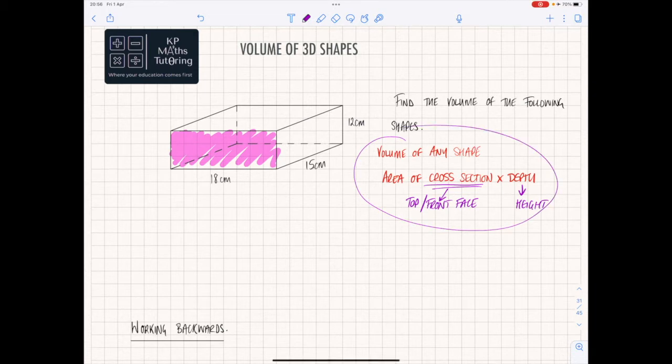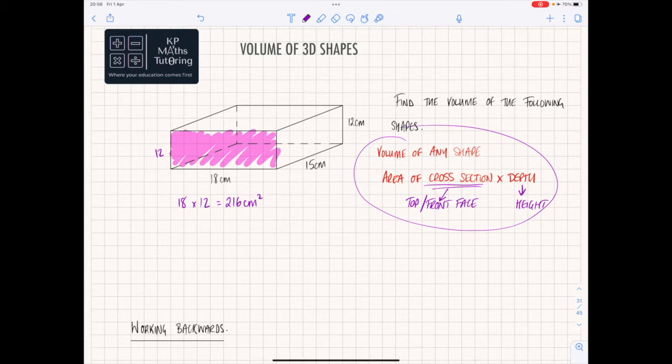So find the area of the front face in this case, which is that purple bit I've highlighted, which means it's technically 18 wide by 12 high. So it is a rectangle I'm finding. So I'm doing 18, which is the width, times by 12, which is your height, and that gives you 216 centimeters squared.